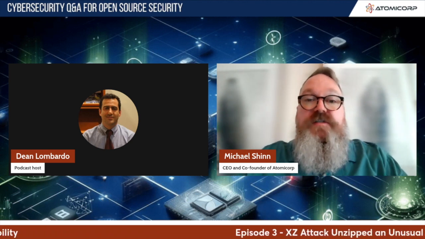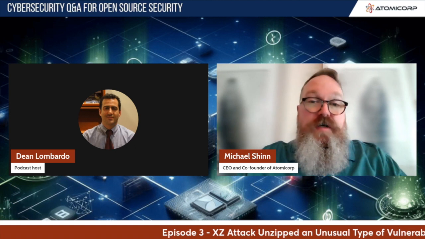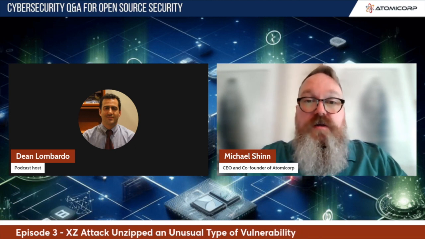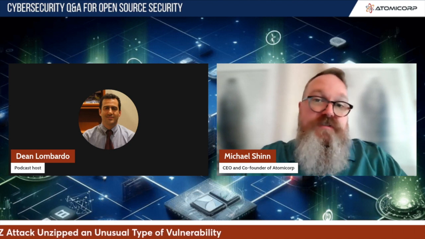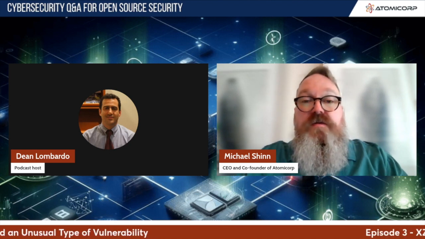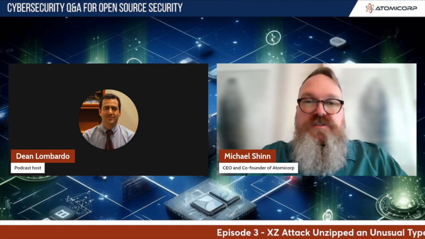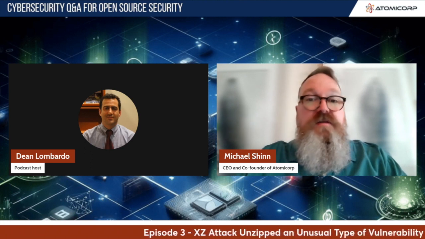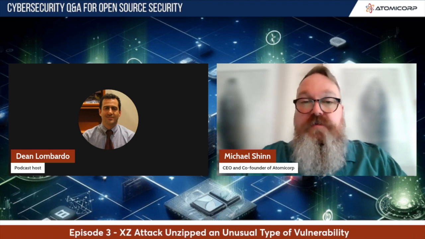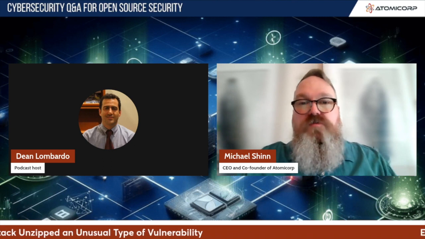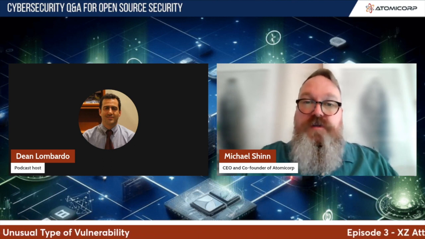It was affecting this otherwise widely regarded, highly secure software, SSHD, and this backdoor was not in SSHD itself. It was in the XZ project, one of the libraries in it, which was able to affect this other piece of software.